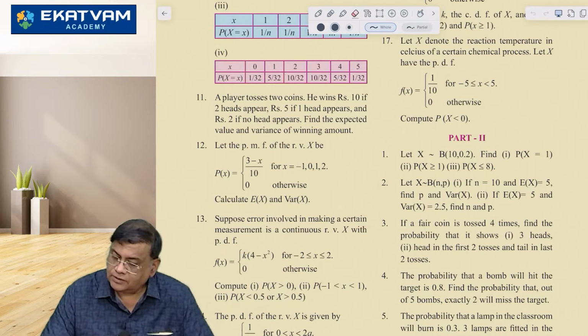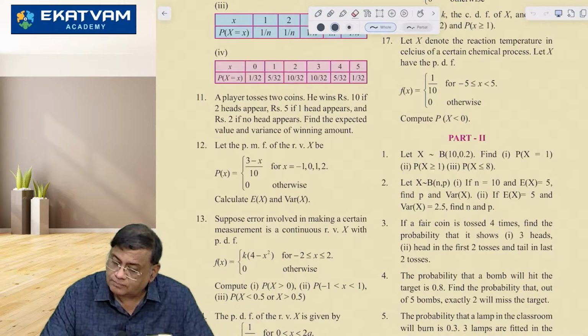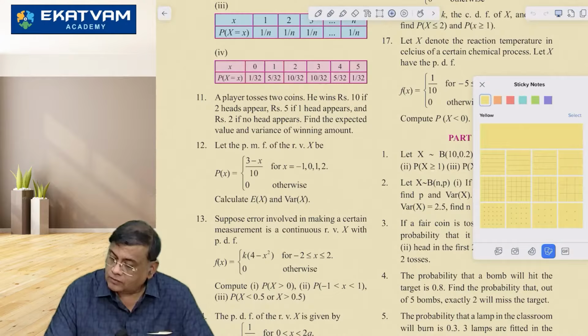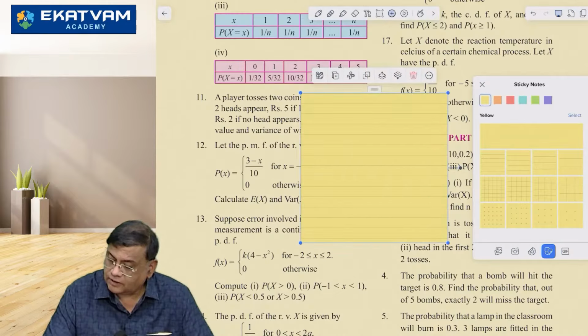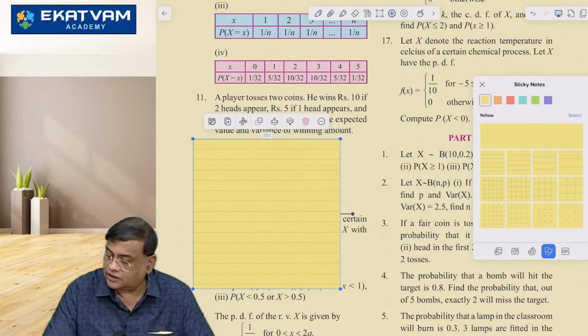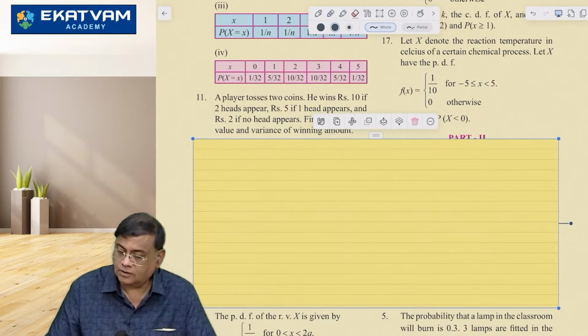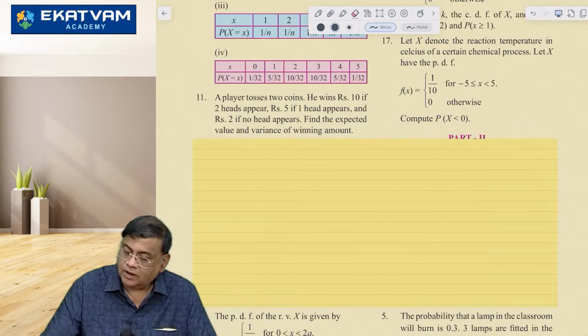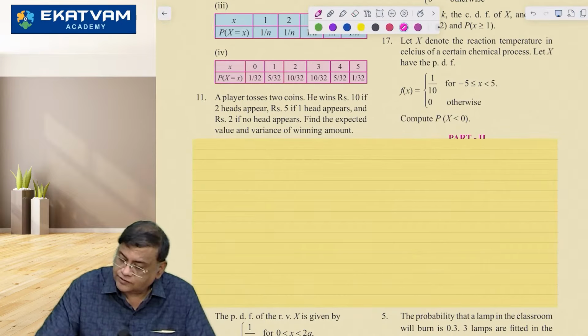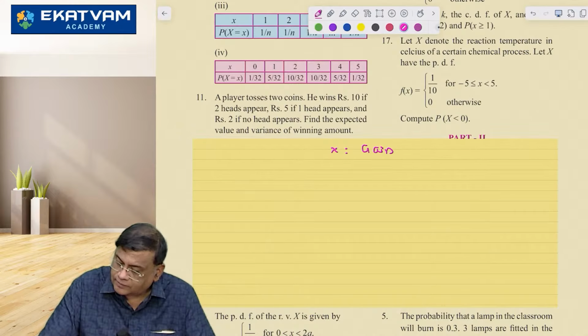Now remember, whenever you are referring to the profit, the income, or a gain, I would always say X is a gain. Now what can be his gain?